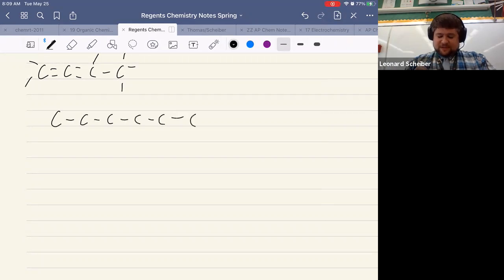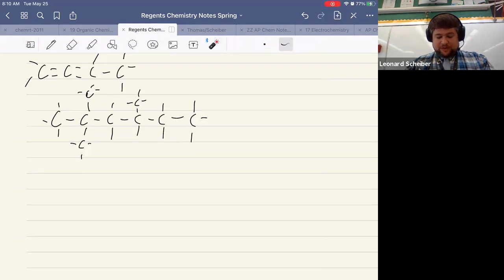How would we name this? Well, the longest carbon chain in a row is 1, 2, 3, 4, 5, 6. So I know it's a hex, and I see these methyl groups, 3 methyl groups. Note that this is not a prop, because this is part of the long chain, and these are offshoots.